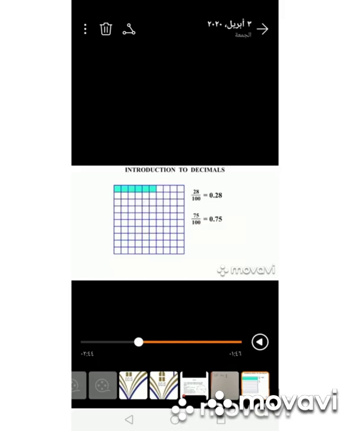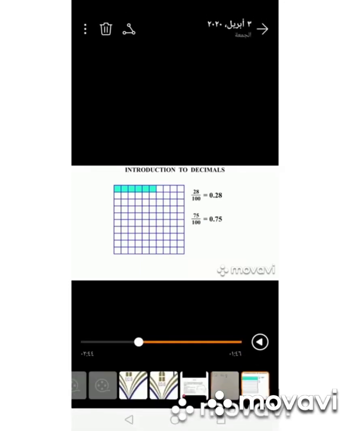If we shade this part, how many squares are shaded now? Let's count them. 1, 2, 3, 4, 5, 6. We have 6 squares shaded out of 100. So our fraction now will be 6/100.